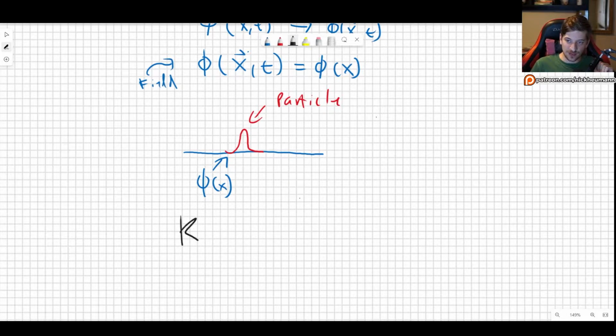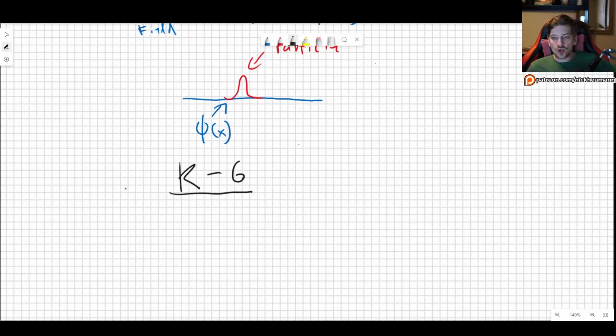I actually promised you that we would go back to Klein-Gordon because it's quite good when it comes to the multi-particle framework. So here we will work with the Klein-Gordon theory, and we will assume a few things.